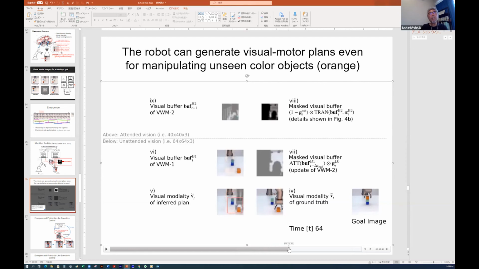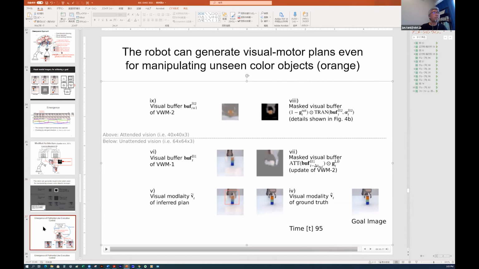So now grasping it, and this will disappear from here and appear in visual working memory 2. Finally the orange one is put on here. I'm sorry, I don't know why this doesn't come.